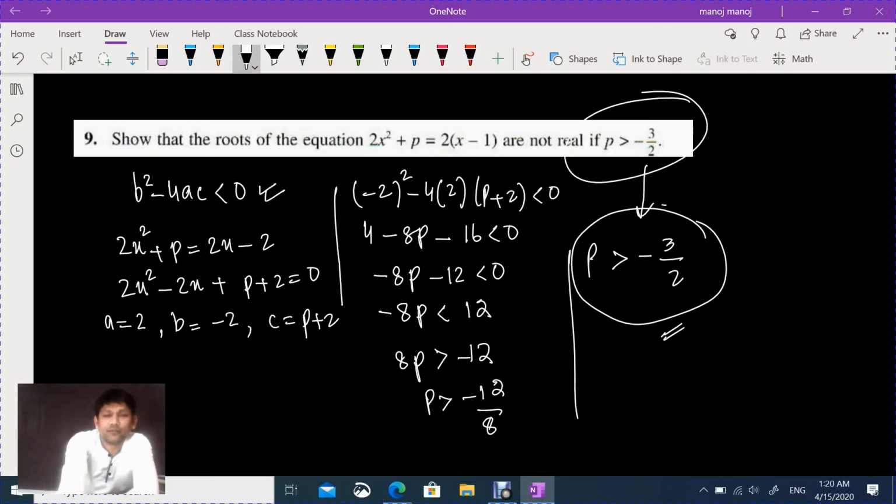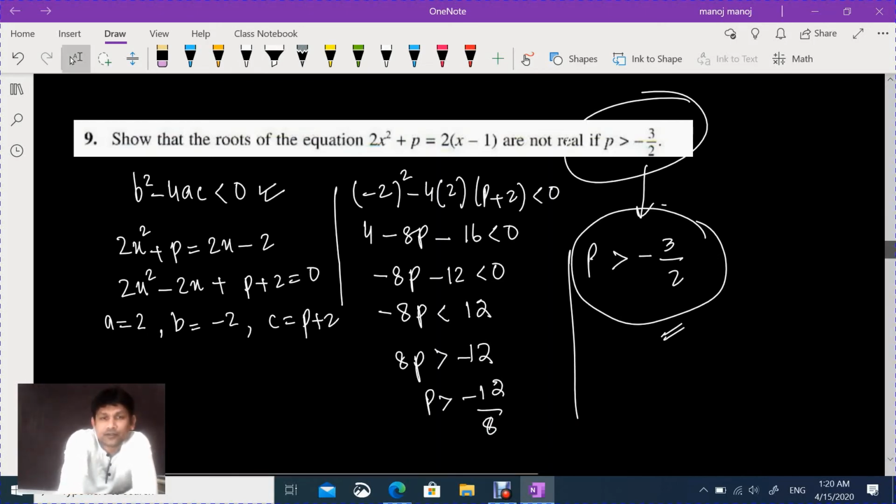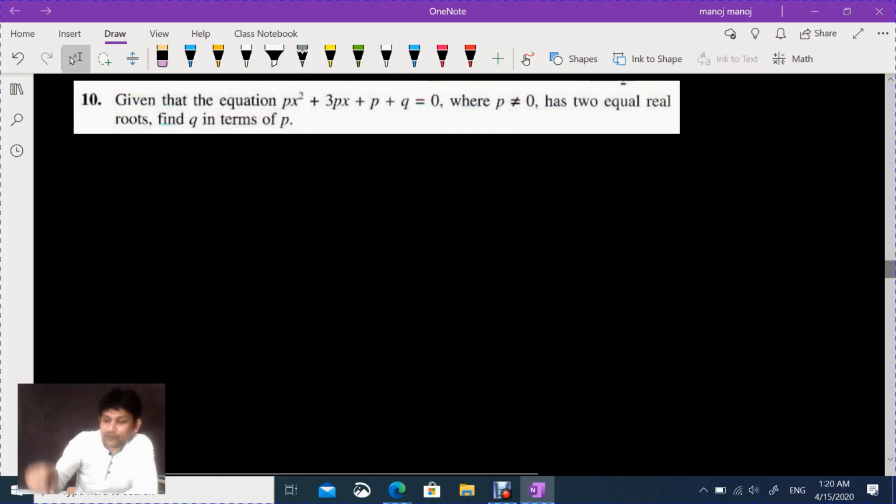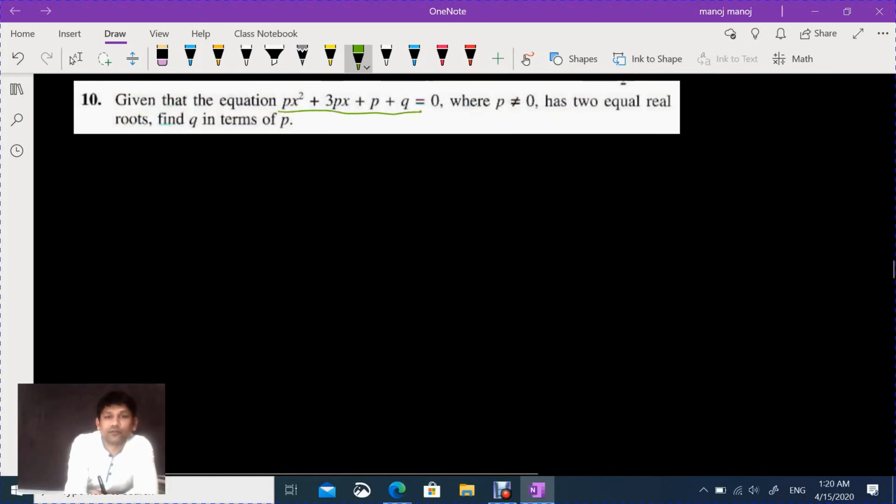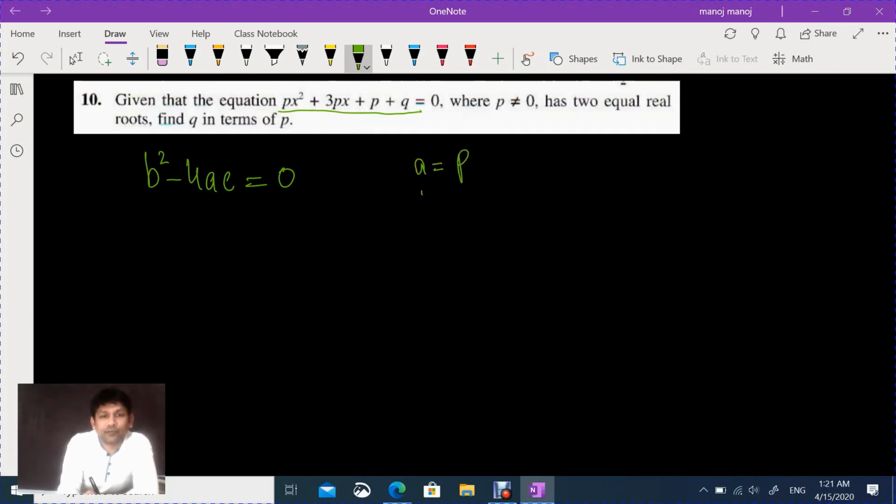Don't be confused here. Next part: given that this equation has two equal real roots, b squared minus 4ac equals 0. Just write what a is: a is p, b is the coefficient of x, which is 3p, and c is p plus q.